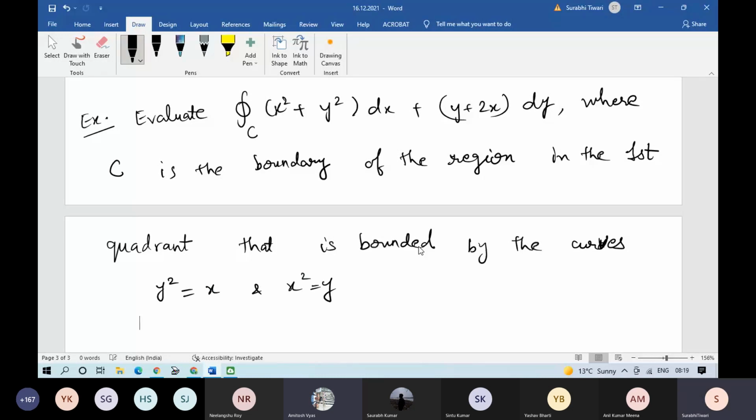So these are two parabolas and this is the boundary of this curve. The region of intersection of boundary of these curves is the curve C.